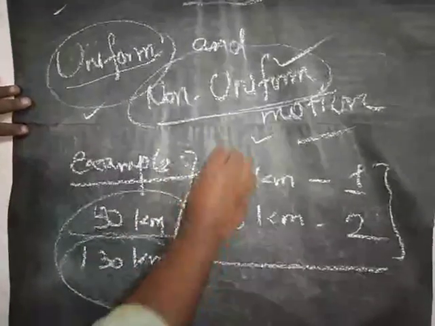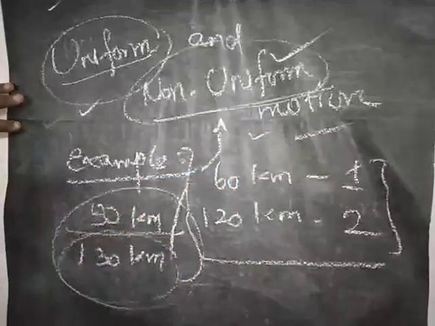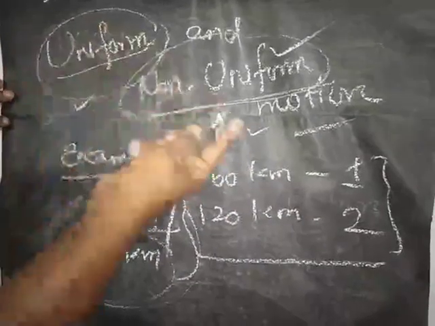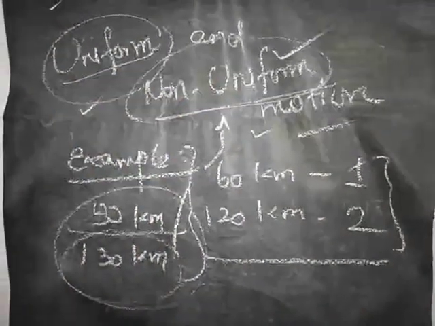This is an example of non-uniform speed. So that is uniform and non-uniform speed or motion.